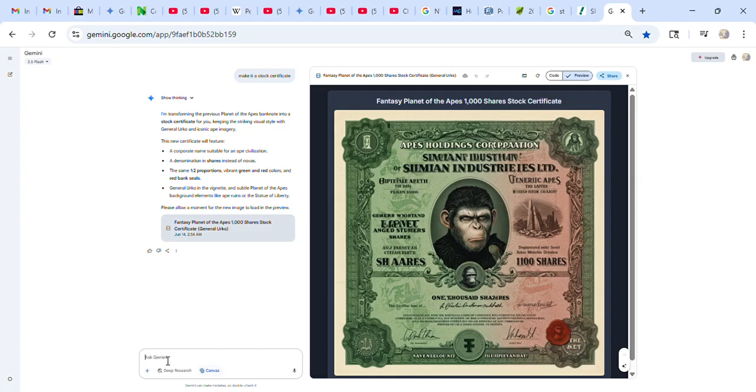I didn't tell them to do that, but it knew that it needed to change it. 1,000 shares at the bottom, 1,100 shares on the right. That's really neat.